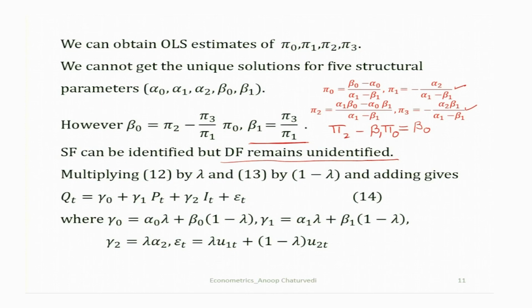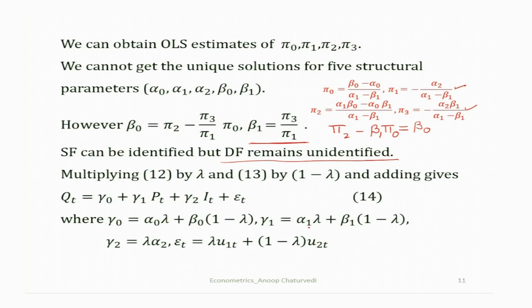And again we look at this identification problem from a different angle. So, we multiply 12 by lambda and 13 by 1 minus lambda and then we add. So, we get q t equal to gamma naught plus gamma 1 p t plus gamma 2 I t plus epsilon t, say, where gamma naught is equal to alpha naught lambda plus beta naught (1 minus lambda).